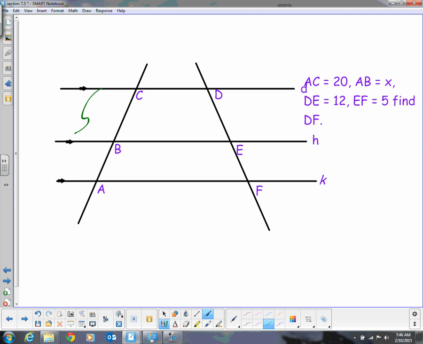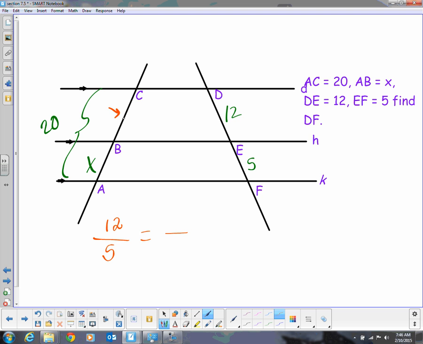AC this time is 20, AB is X, DE is 12, and EF is 5. All right, who wants it? Harper, I want you to try this one. What proportion do you think we're going to set up now? 12 over 5 is going to limit me a bit because I need to know that and it'll be messy.